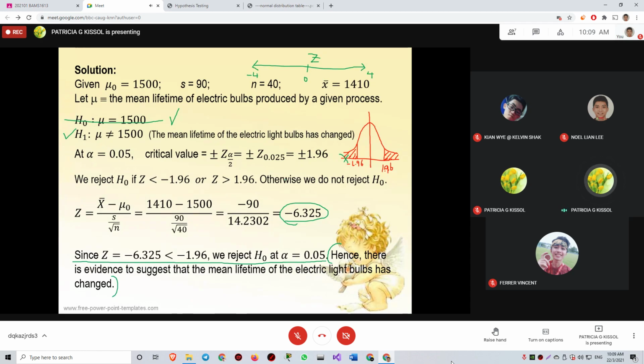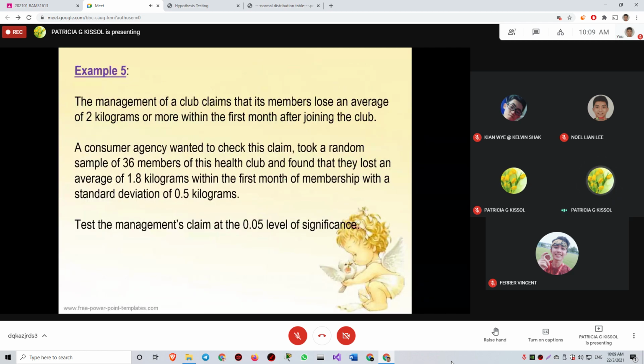But now we need to learn another method. This is another one which is also available in your notes. Should I go through this? Because you know about it already, right? So I'll just go through the question fast. It says they lose 2 kilograms or more within the first month after joining the club.